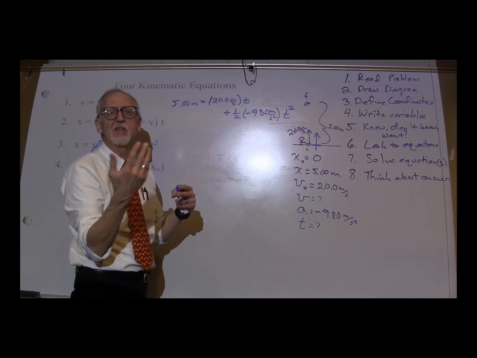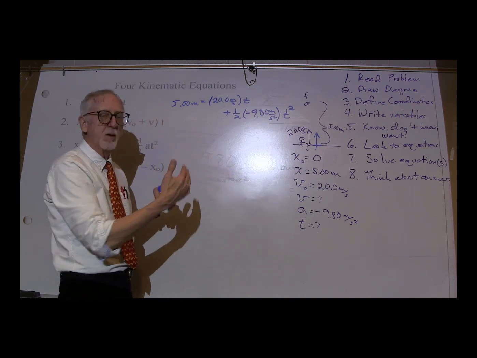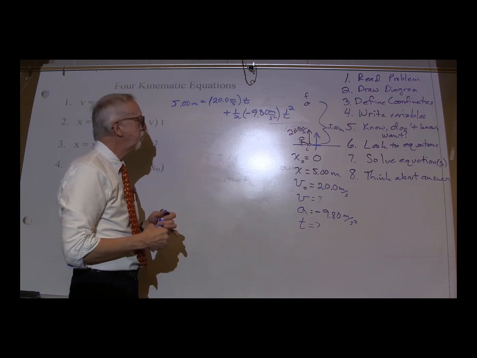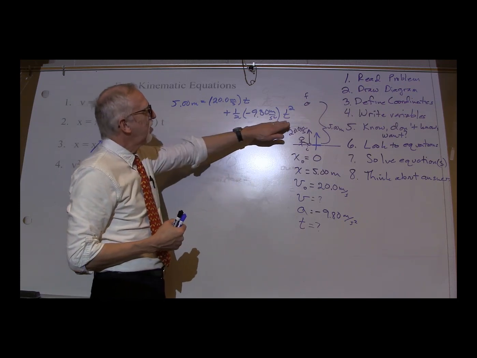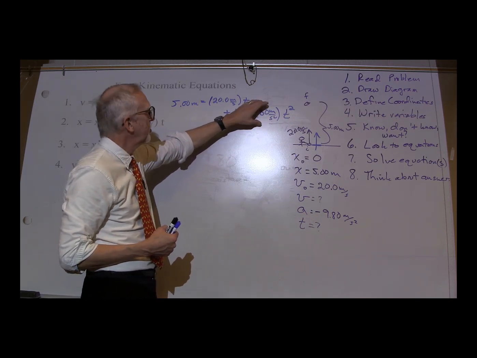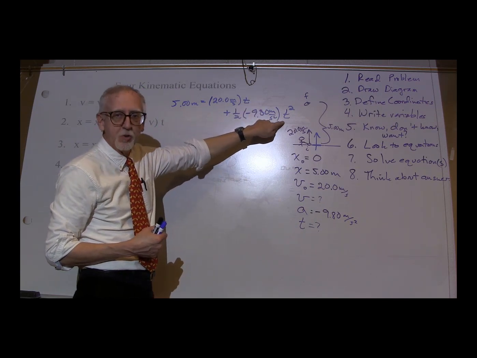This coefficient of t squared with the minus sign is going to be negative. So I'm going to bring this to the other side so that the constant in front of the t squared is positive.